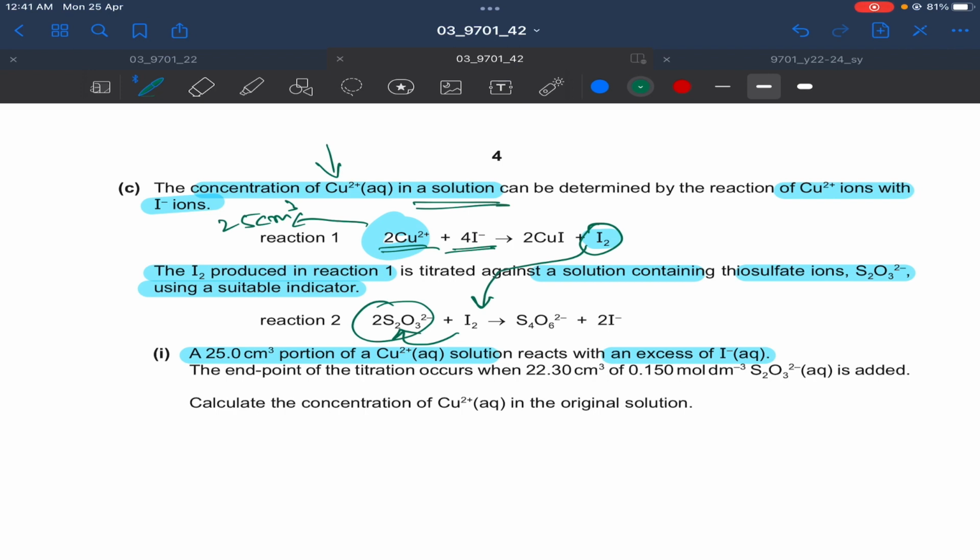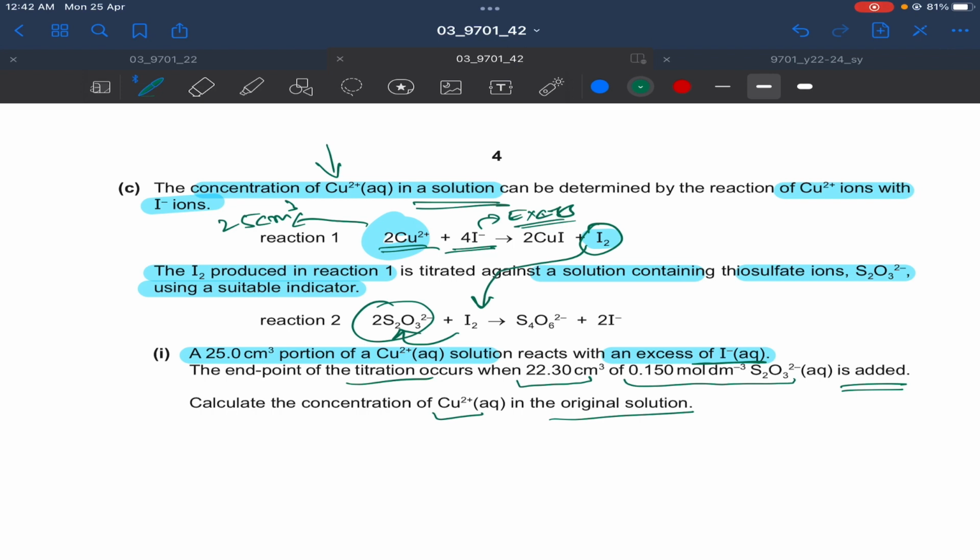So iodide ions are in excess. The end point of the titration occurs when 22.30 cm cube of 0.150 mole per dm cube thiosulfate ions is added. Calculate the concentration of copper ions in the original solution.